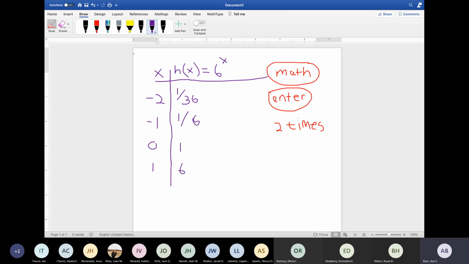And then lastly, we need 5 x's according to the directions. We're going to put a 2 down here. If we put 2 in for x, we have 6 squared, which means 2 sixes multiplied together. That is 6 times 6, which is 36. You could also do it on your calculator.